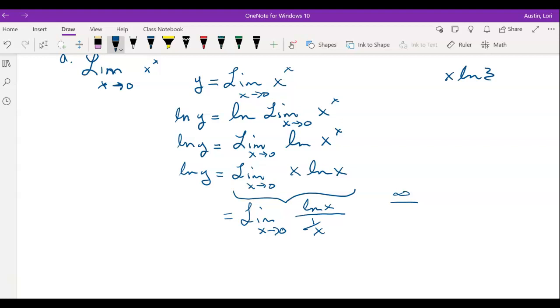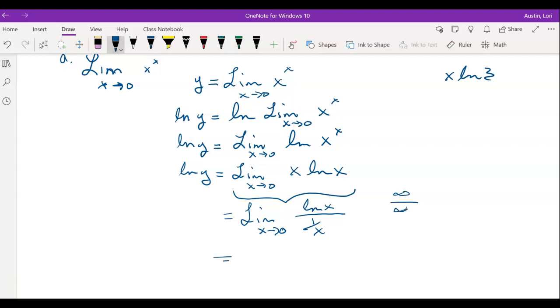I can't do 1 divided by 0, but this is a limit. So what's 1 divided by a number that keeps getting smaller and smaller? Where does this whole thing go to? Infinity. Now I have an indeterminate form that I can apply L'Hopital's rule to. That's what we just figured out there.